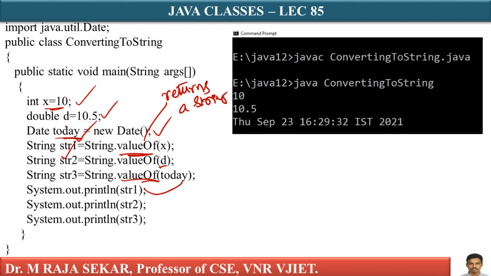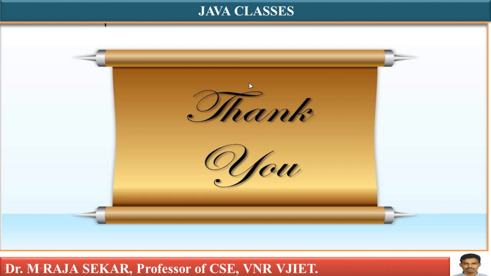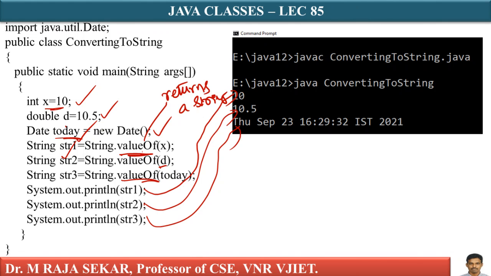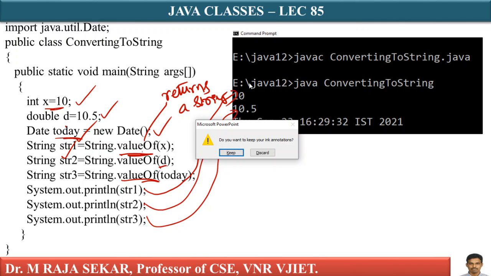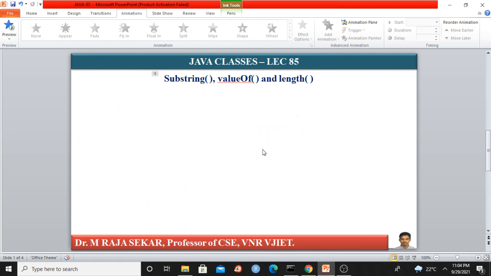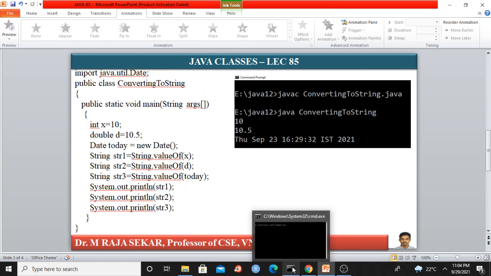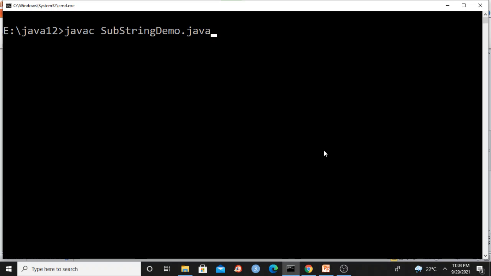Just I am displaying str1. What is this? str1 is 10, str2 is 10.5, str3 is the date, September 23rd. It is simply displaying the date, nothing more than that. It is a simple program. Let me show the demonstration once so that we can understand. Go to the command prompt: javac SubstringDemo.java.